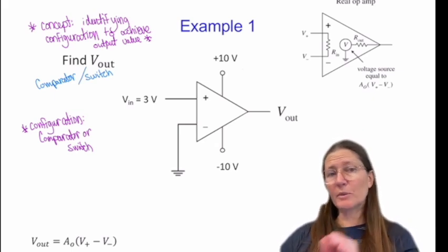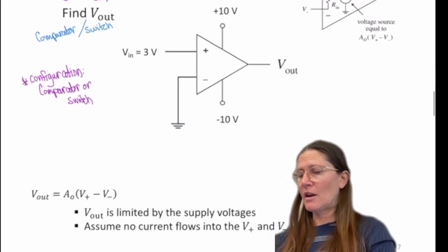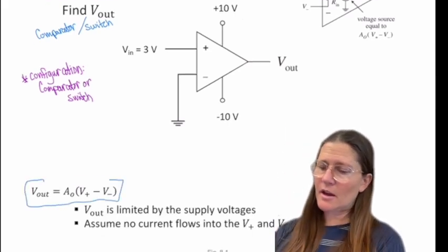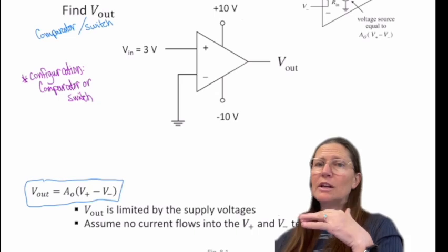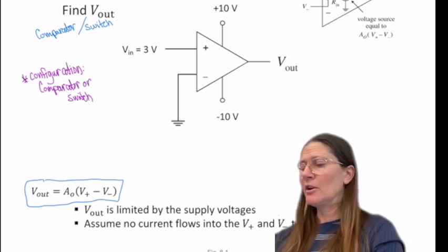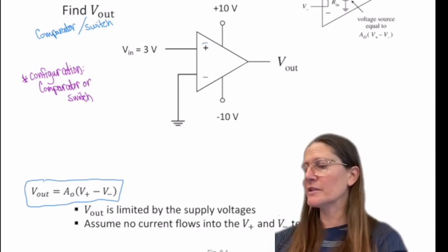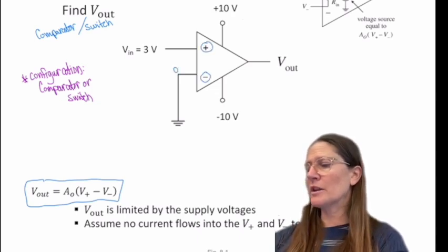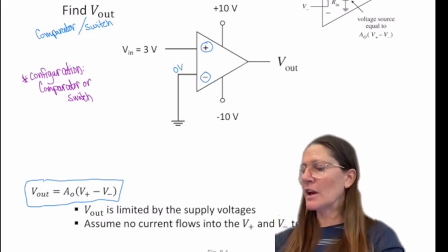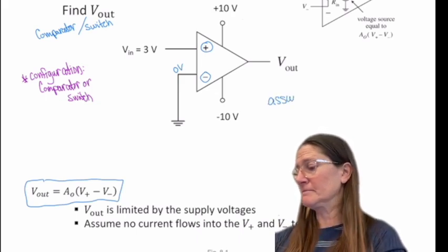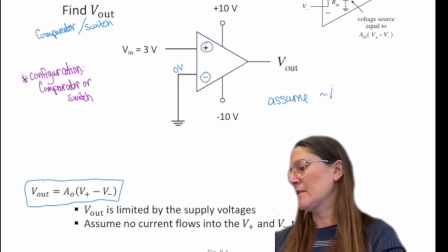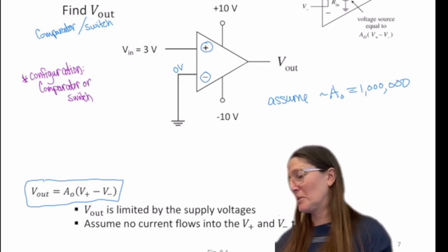And this operates by putting in a voltage at one terminal and comparing the two. The internal gain of this is very, very high. So if I have 3 volts on the positive side and 0 on the negative side, this is going to have that really large gain, and say it's 1 mega.